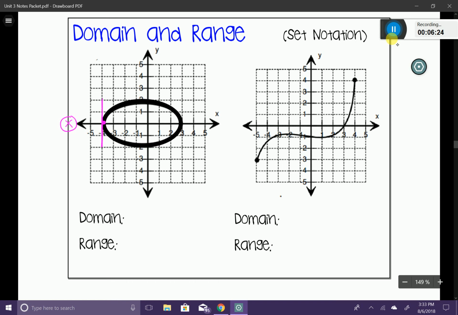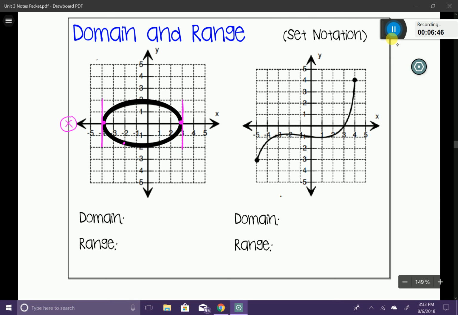The highest value is going to be here, where the highest domain value is going to be 3. And then the domain values are going to be everywhere in between. You can see that this coordinate right here will have a domain value, and its domain value will be -2.